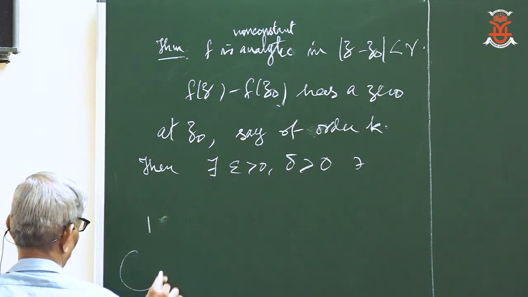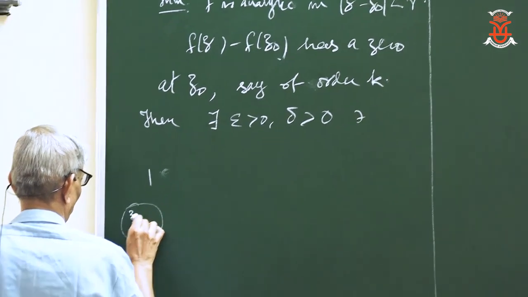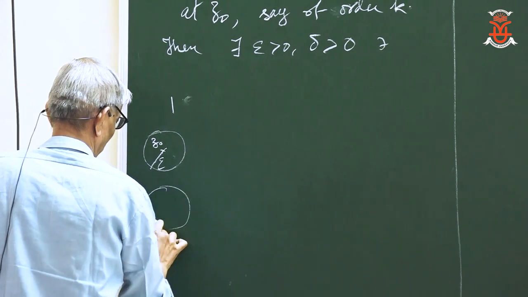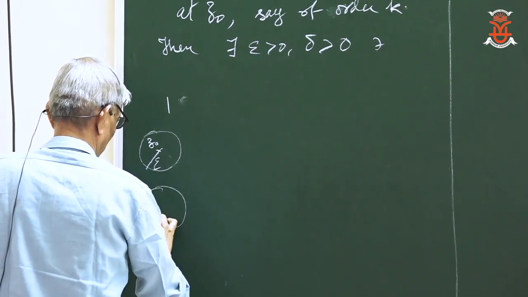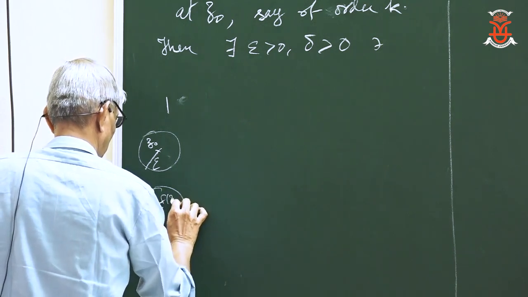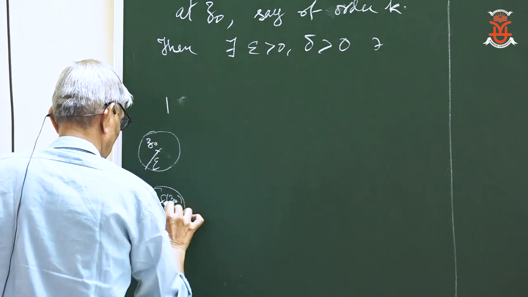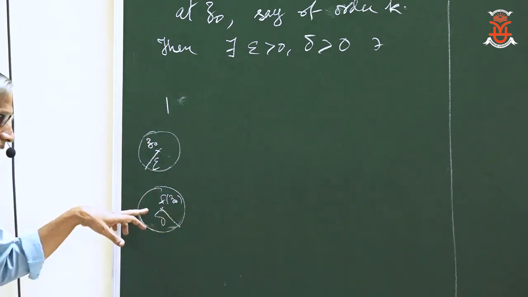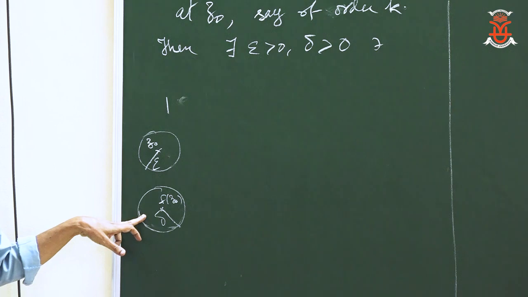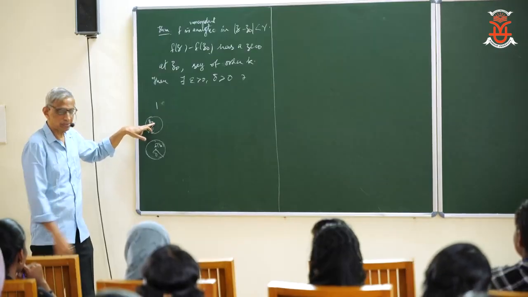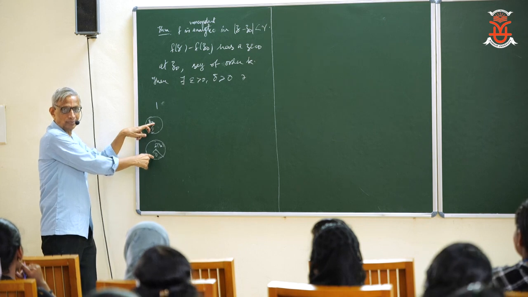So you have, such that what? For any point in this disk, there are exactly k points in this disk which take that value. Right?